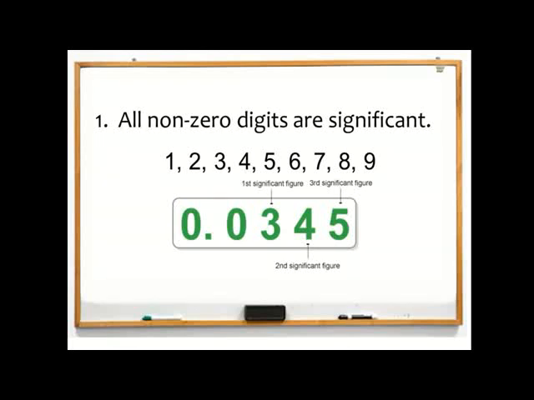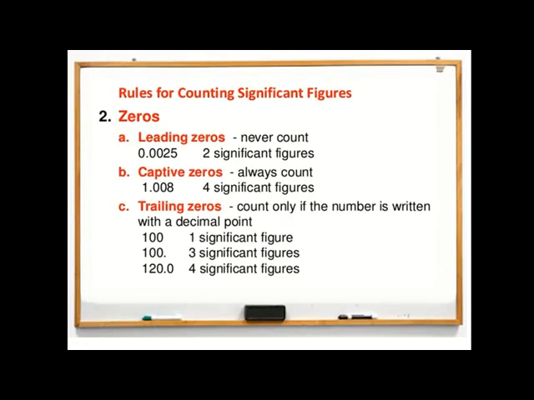See here, in estimating significant figures, which digits are to be considered? All non-zero digits are significant. But for zeros, there are some rules. When counting zeros in significant figures we follow some rules. Leading zeros, the zeros in front of a number, are not significant.